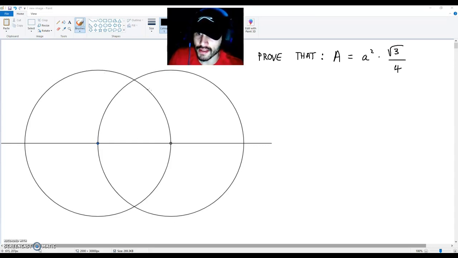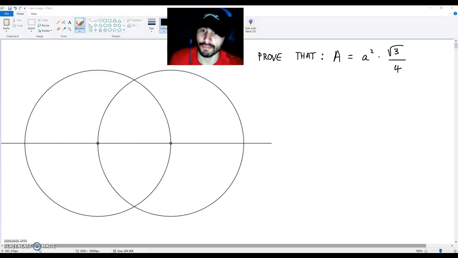Now where the edge of this circle touches this line, I created another circle with exactly the same radius, okay? So this circle here to the left is exactly the same in size as this circle over here to the right.